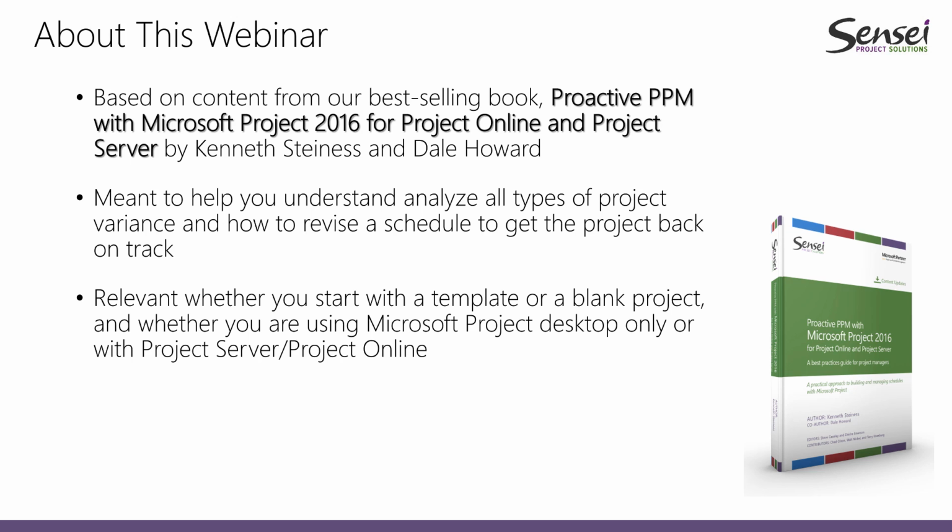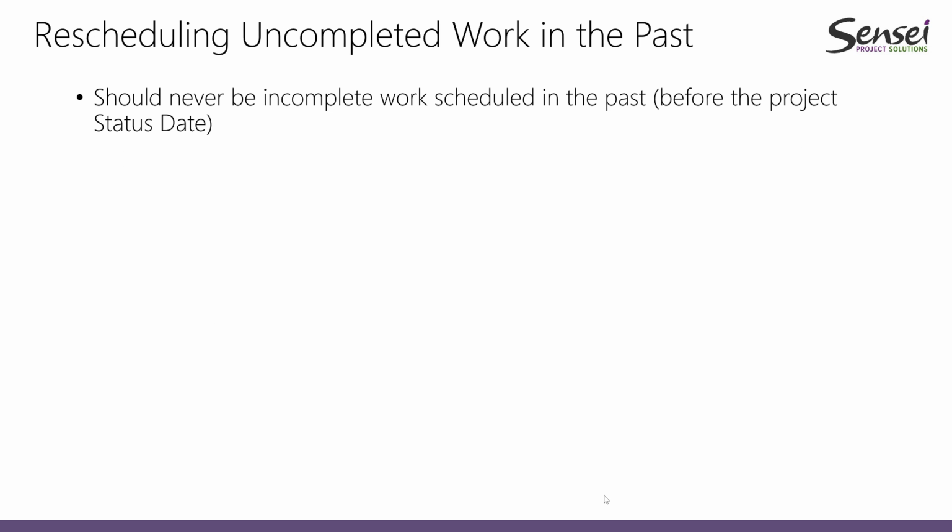All the relevant information applies whether you are using Microsoft Project Desktop, Project Server, or Project Online, it doesn't really matter. So the first topic that we are going to be discussing today is rescheduling incomplete work in the past.